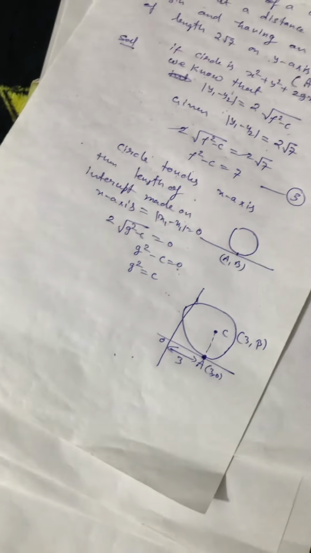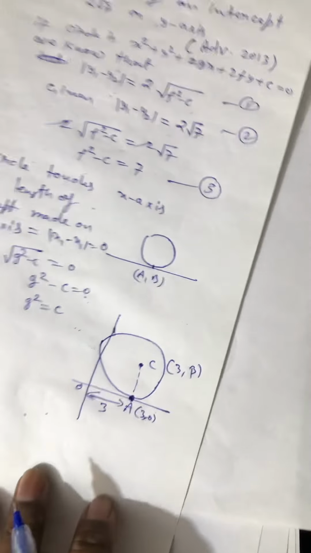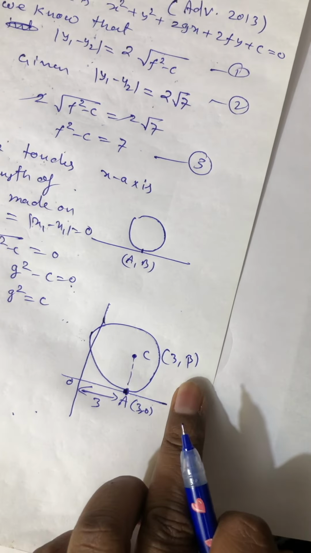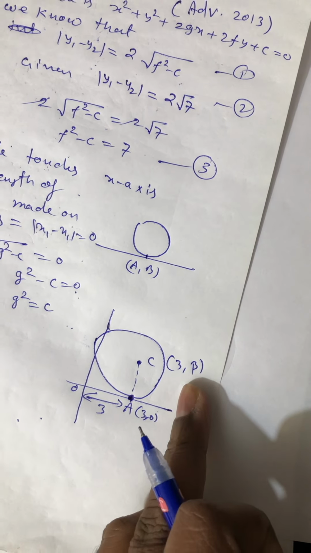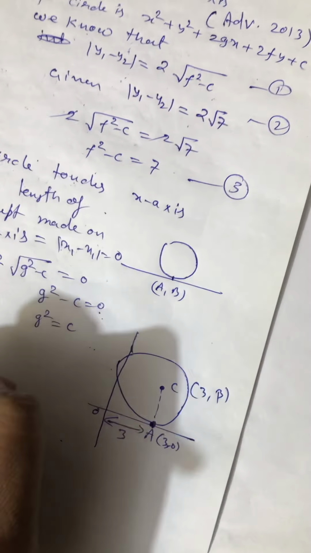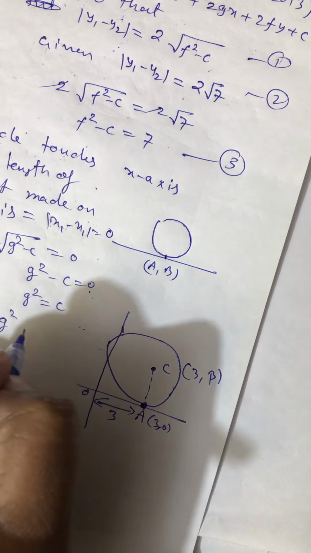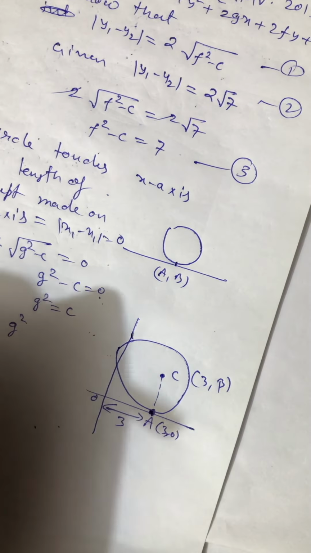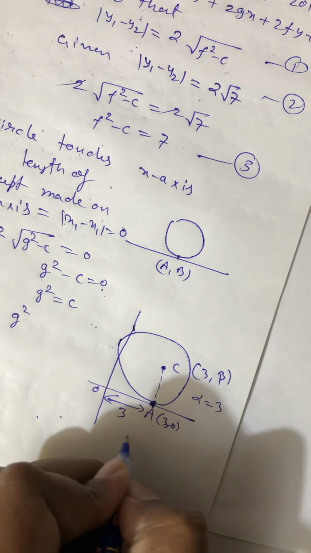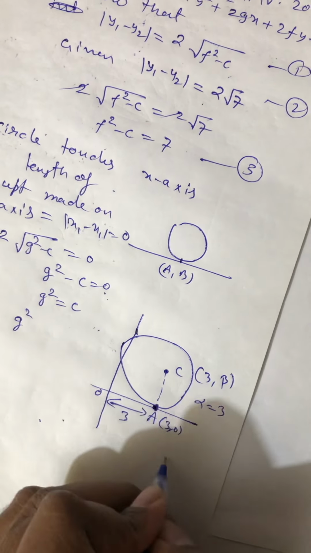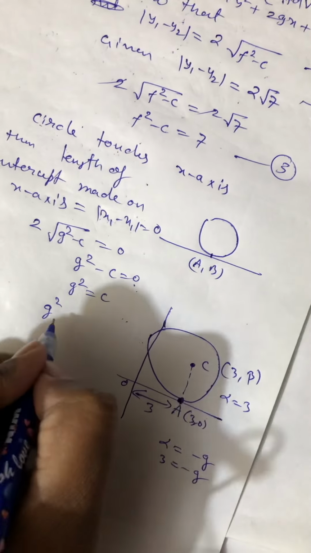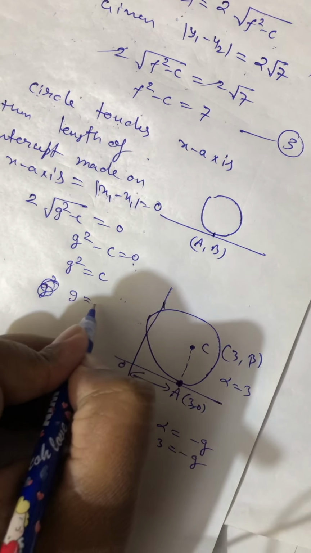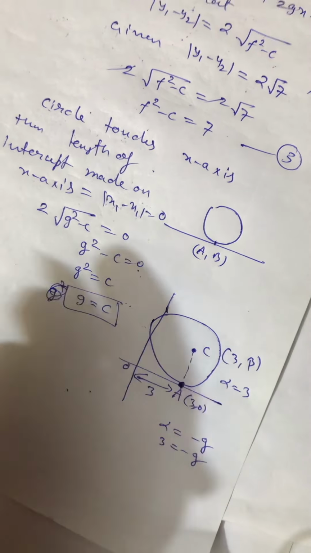I don't know the value of beta. What I know is the x coordinate of the center of the circle. So alpha is here 3, and alpha is how much? Alpha is minus g. So 3 is equal to minus g. So from here g square is 9 is equal to c. So c value is 9.